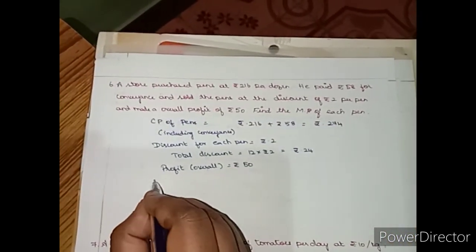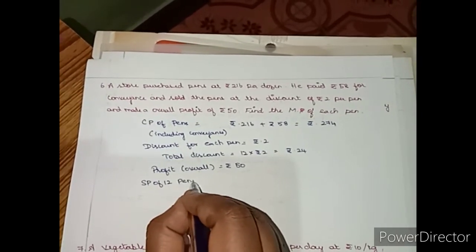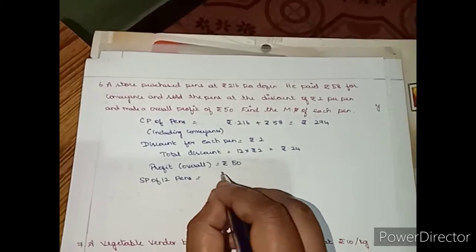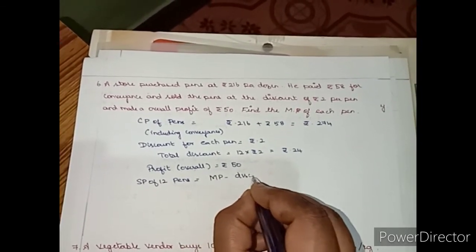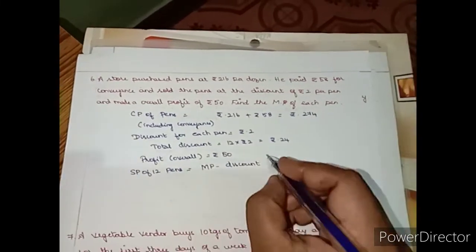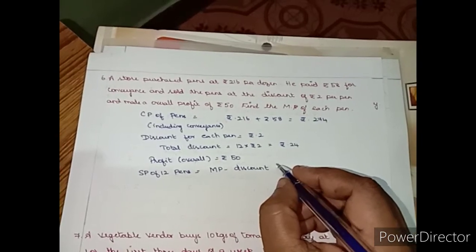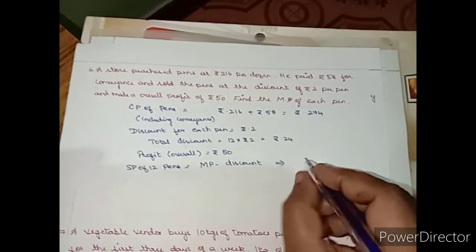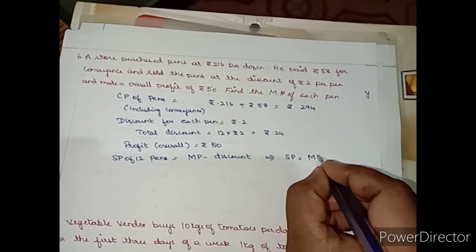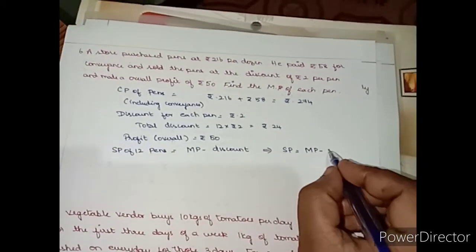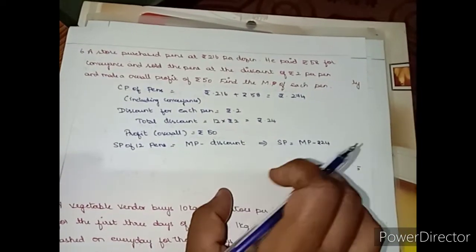Correct. So SP of 12 pens is equal to MP minus discount. So we don't know what is MP. Correct. So what we will be writing it? In the place of SP we will write MP minus what is the discount? 24 rupees. This is the SP.